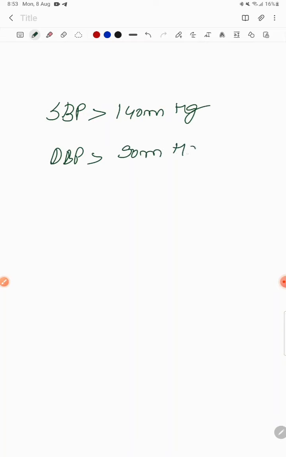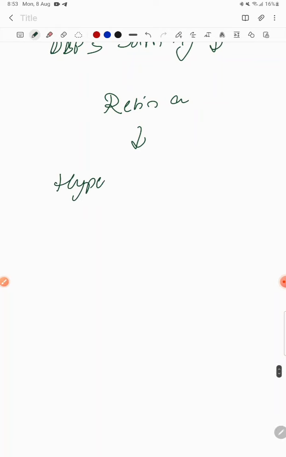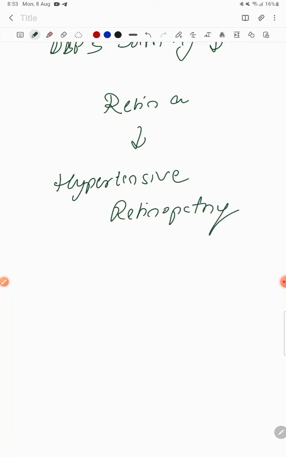Whenever your systolic BP is more than 140 mm of Hg, or the diastolic BP is more than 90 mm of Hg, this condition will lead to changes in the retina, which is called hypertensive retinopathy. And this does not occur in a day. It will take time, and it will depend upon your blood pressure. How is your blood pressure?